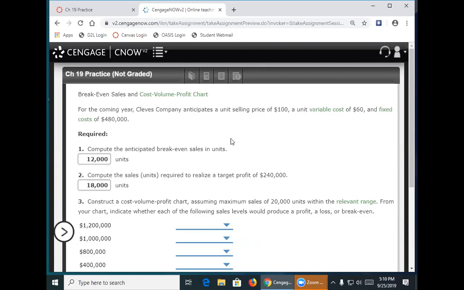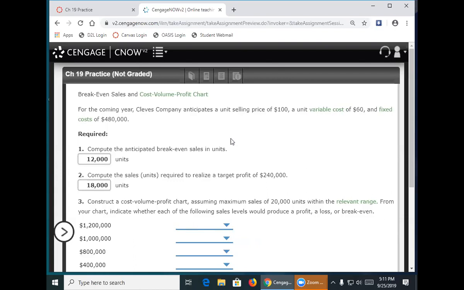So at 1,200,000, I sold 12,000 units. That's my break even in sales. If I took 12,000 units times a $100 sales price, at break even, my sales would be 1,200,000.